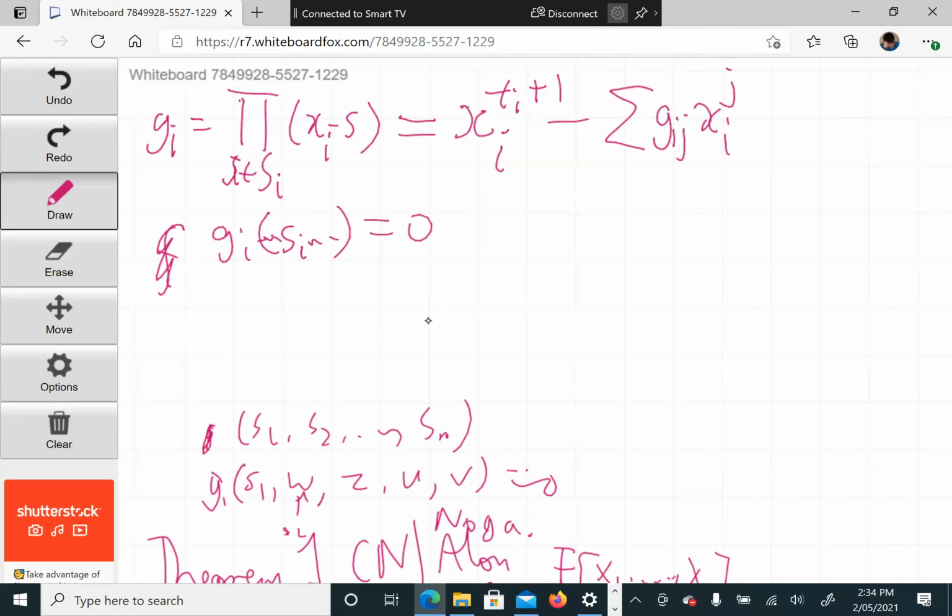So what that means is that when you sub in s_i, s_i to the t_i plus 1 is equal to a sum of g_ij s_i^j. Does that make sense? Because this is 0. We substitute something from S_i.